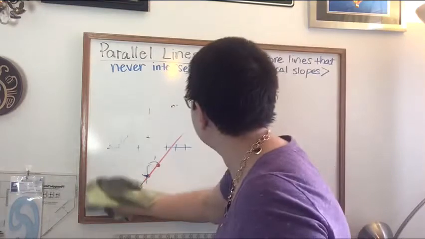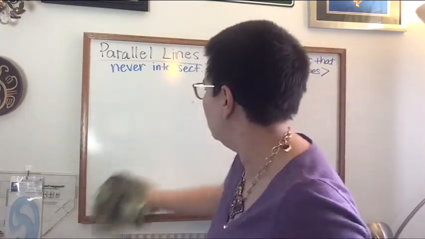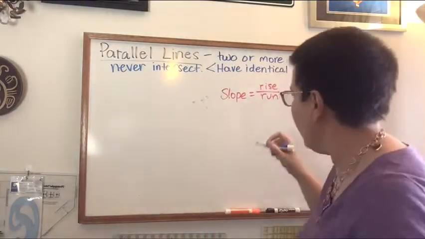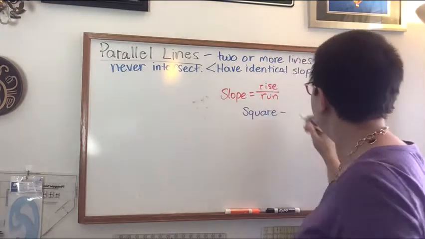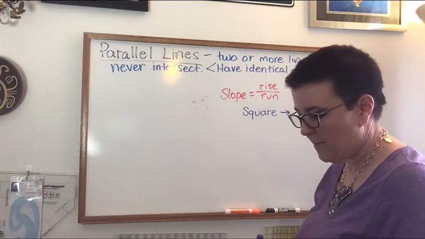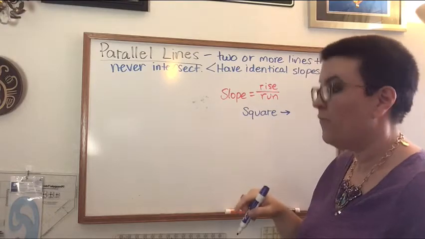All right, so let's start with something really, really simple, like we want to determine if it's a square, right? So, what do you know about a square? They've got... how many sides? Do you remember? 1, 2, 3, 4. 4. Okay.